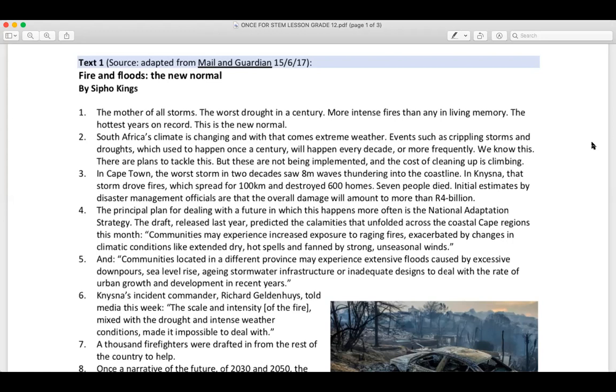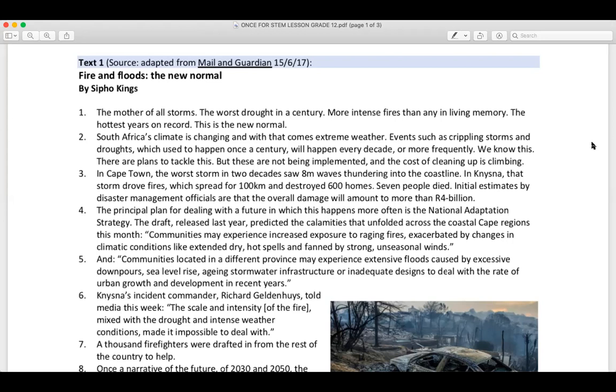Communities may experience increased exposure to raging fires, exacerbated by changes in climatic conditions like extended dry, hot spells, and fanned by strong, unseasonal winds. And communities located in a different province may experience extensive floods caused by excessive downpours, sea level rise, aging stormwater infrastructure, and inadequate designs to deal with the rate of urban growth and development in recent years.